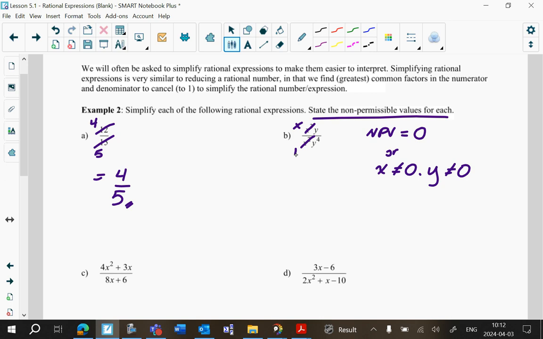Just 1. 1 out of here leaves me 1. 1 out of here leaves me y to the 3 left. That's as far as I can go. So x times 1 up top is x. 1 times y to the 3rd on the bottom is y to the 3rd. Okay.